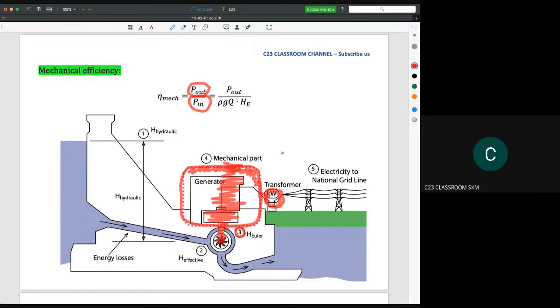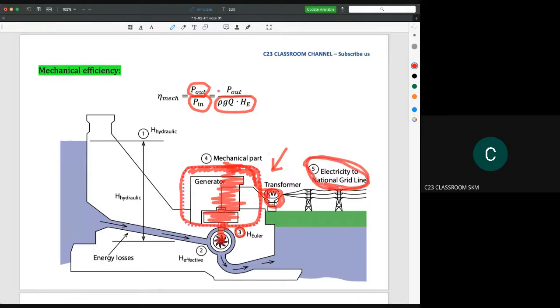According to this diagram, this is the inlet, so the power in here is rho GQ HE. The power out here is the power that can be supplied to the national grid. This is the final product of your electricity dam, so this is the power output.